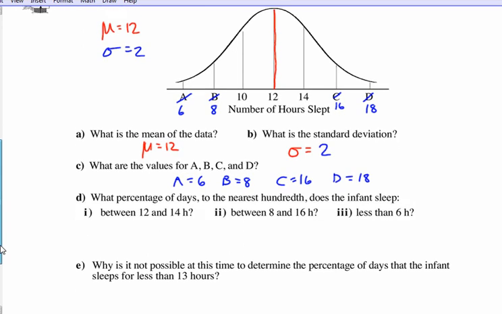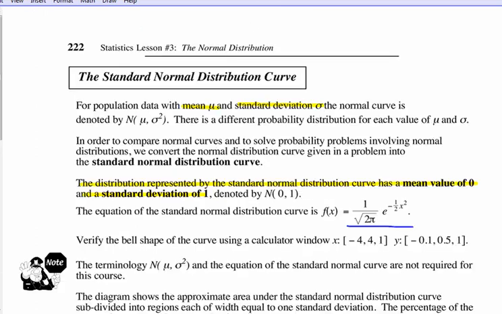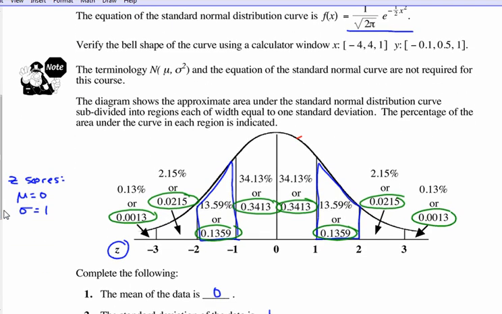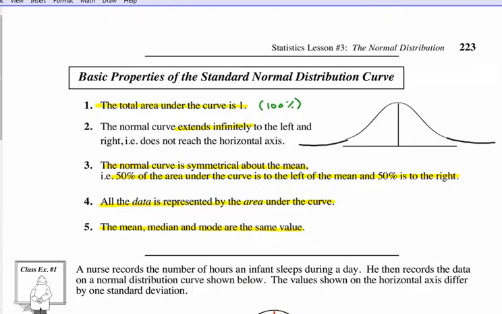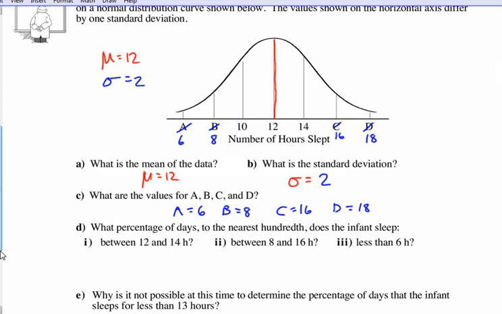So what percent of the days, to the nearest hundredth, does the infant sleep between 12 and 14 hours? Well, remember from our curve before, we're going to use that same curve because that's true for all normal distributions. So these percentages are the same for all normal distributions. Between 12 and 14, that's between 0 and 1.